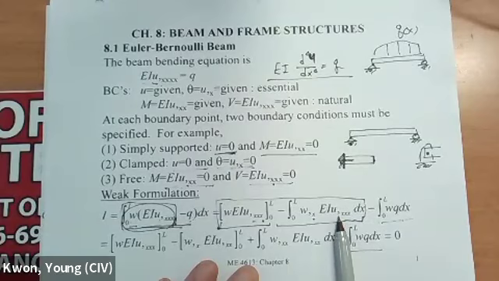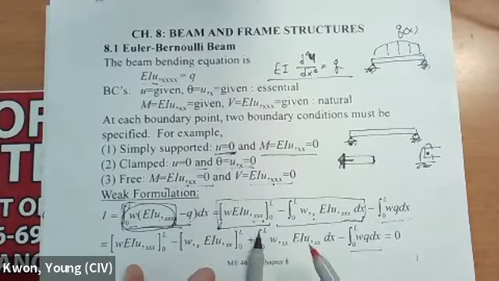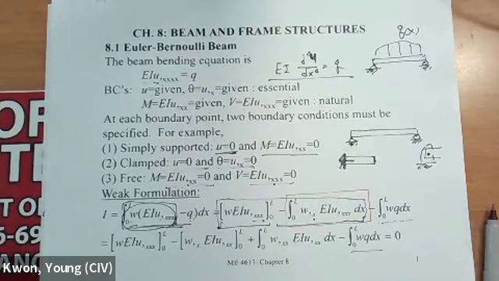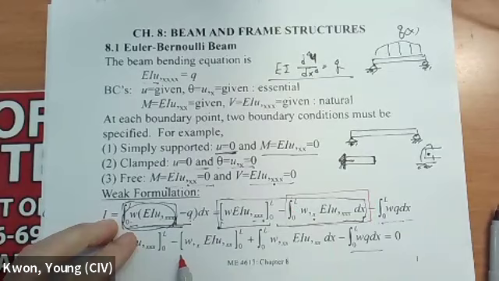So what do you do? You apply integration by parts one more time to this term. Then this one becomes this. The minus sign and the minus become positive.